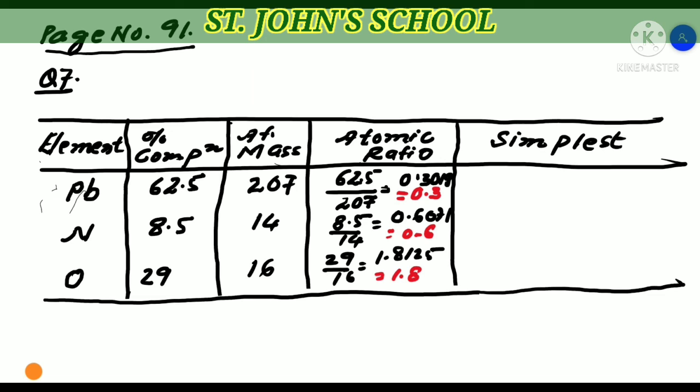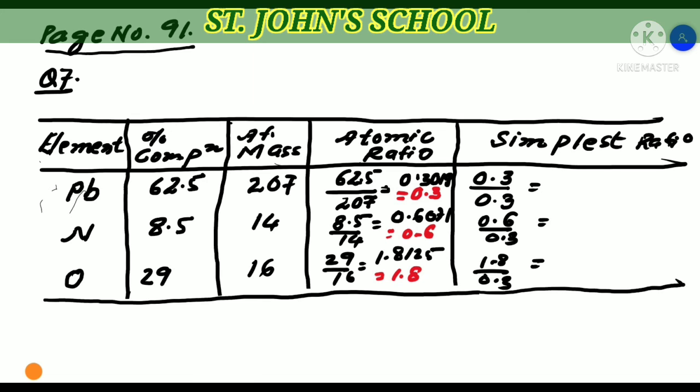Here, 0.3 divided by 0.3, then 0.6 divided by 0.3, and 1.8 divided by 0.3.